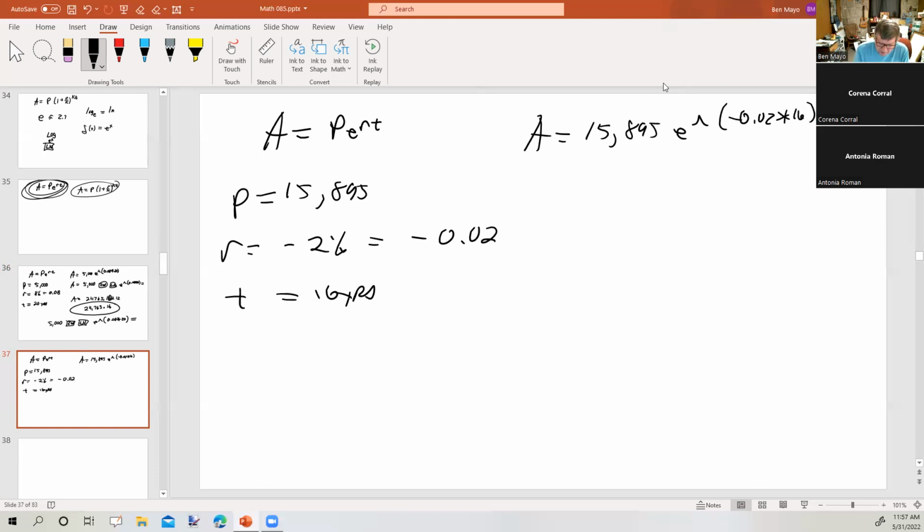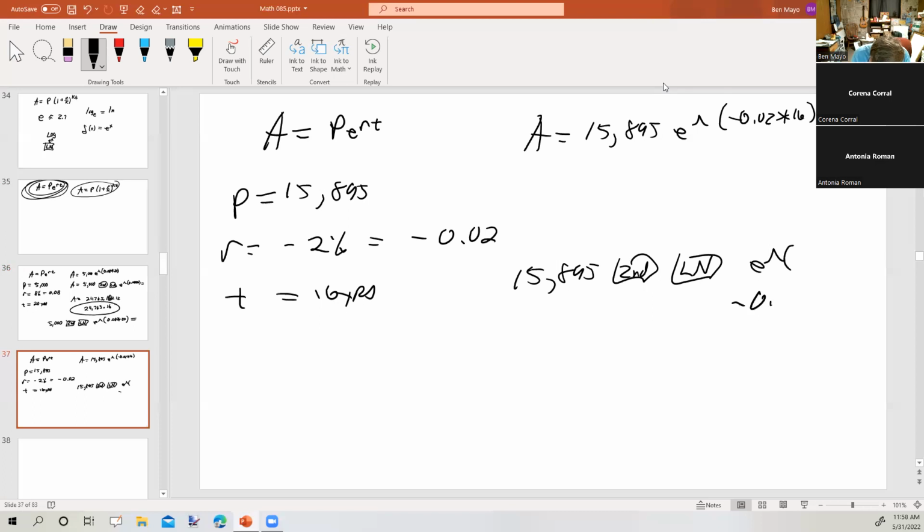Now, since r, the rate of growth or decay, is negative, this thing's going to decay. It's going to get smaller. So 15,895. Okay. Then the second button, then the LN button, and we should get e to the showing up. Inside that left parenthesis, we're going to go negative 0.02 times 16, close it up.